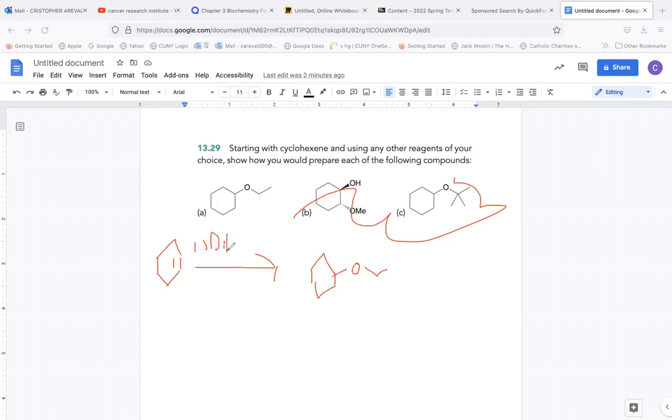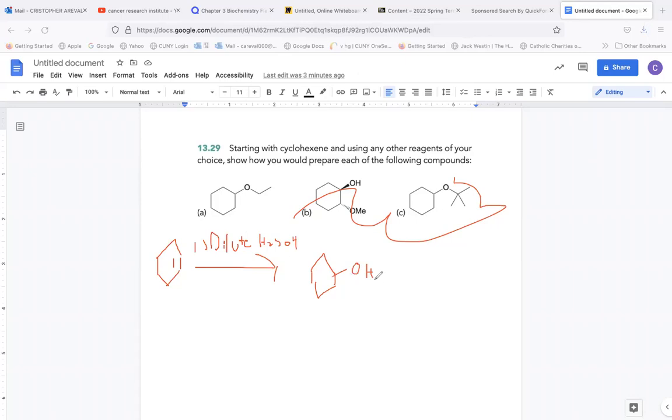The easiest way that comes to mind is if you use dilute H2SO4, right? When you do that, what happens? You get an OH. It's basically like an SN1 attack, but I'm not doing all that right now.